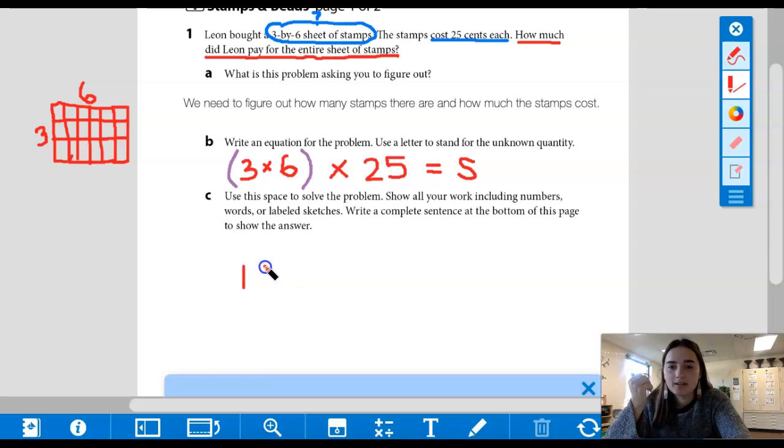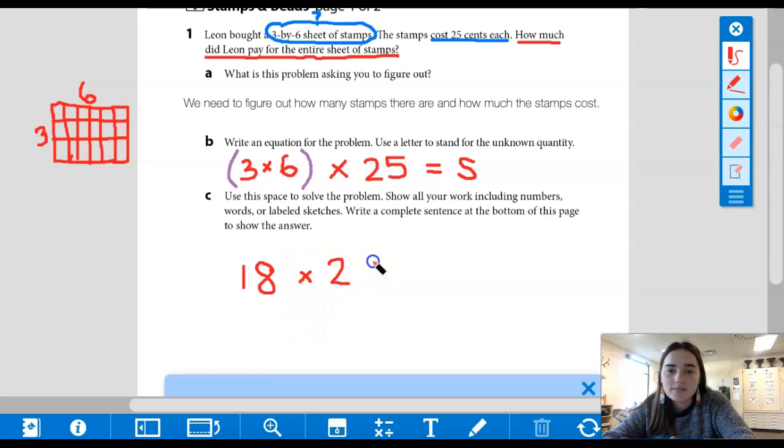If I counted by 6s 3 times: 6, 12, 18. Or if I counted by 3s 6 times: 3, 6, 9, 12, 15, 18. All right, so we solved that. Now we just need to figure out what 18 times 25 is to find our unknown quantity.